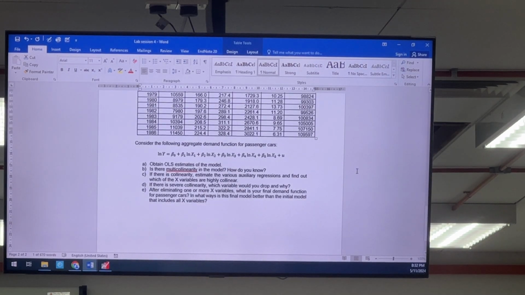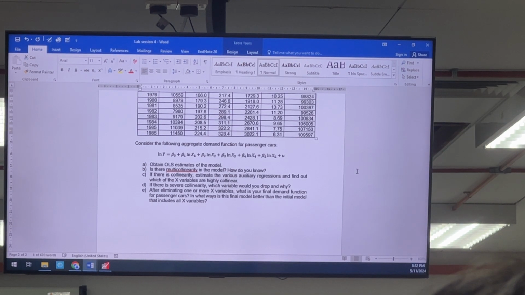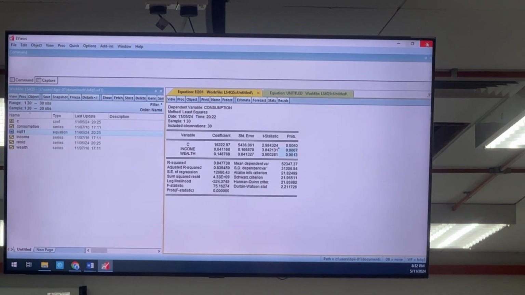So let's say we decide to use a double log model so that we can interpret the coefficients as percentages, for example. So we use the double log model, obtain the estimate and inspect. Is there multicollinearity present in the model? How do you know? So estimate the model.